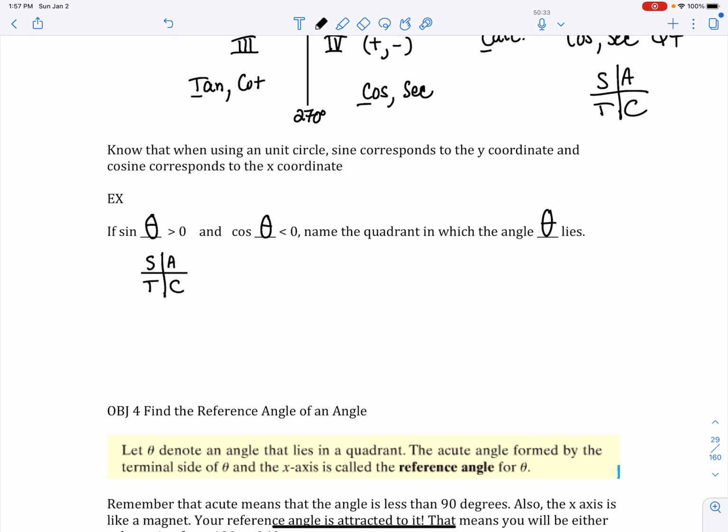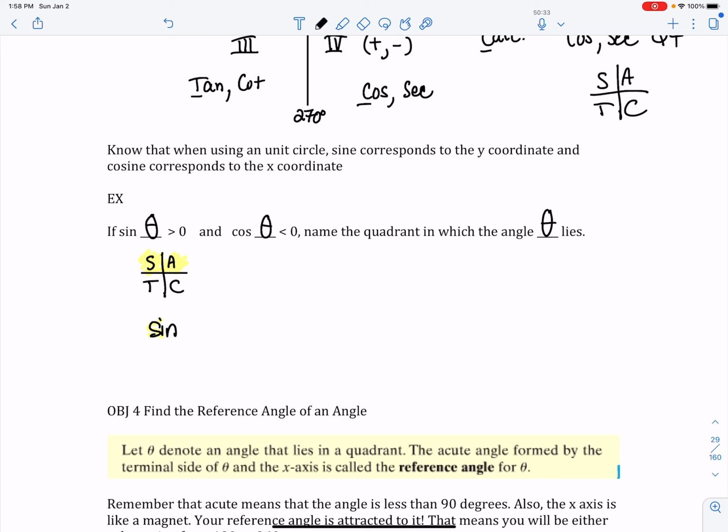So if I use the mnemonic device, all students take calculus, I know that sine is positive. Sine is positive in quadrant 1 and quadrant 2. Furthermore, it goes over to say cosine is negative.